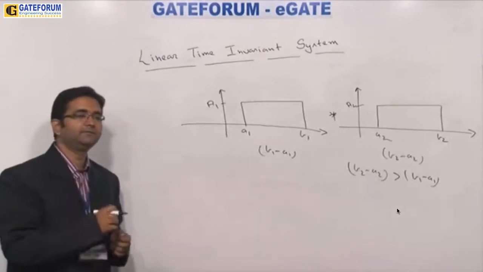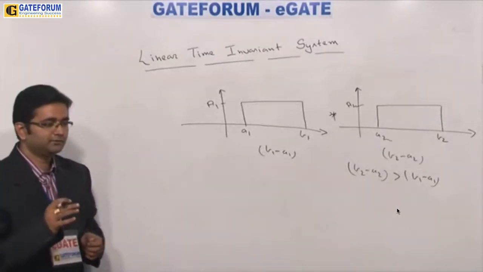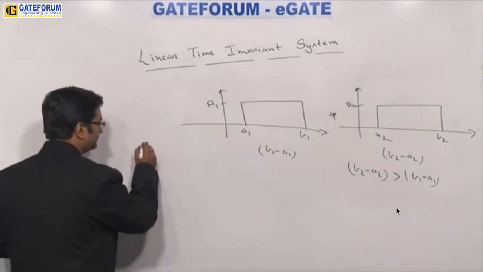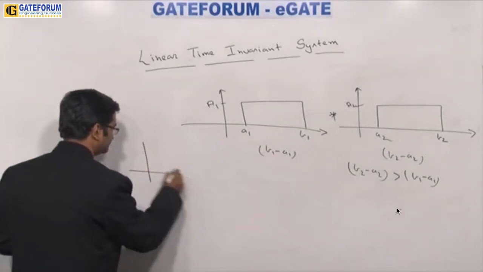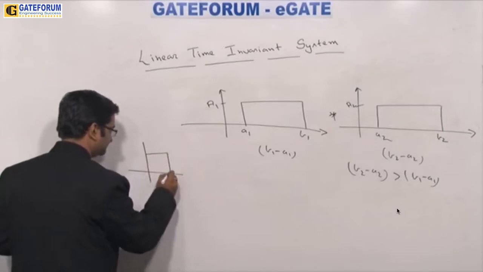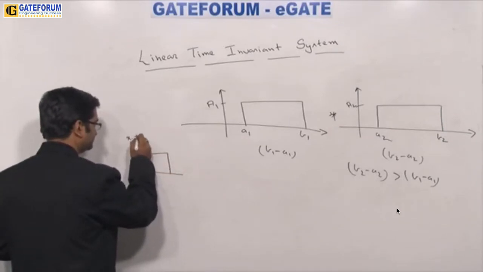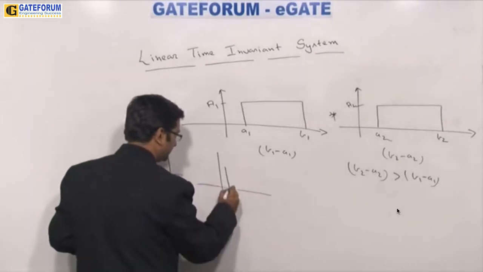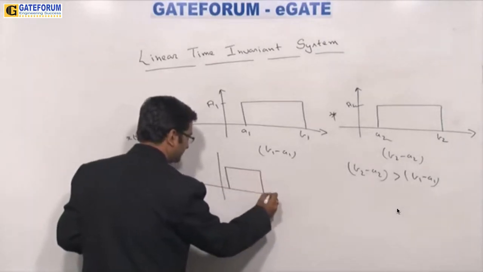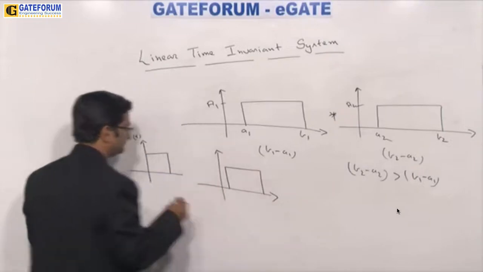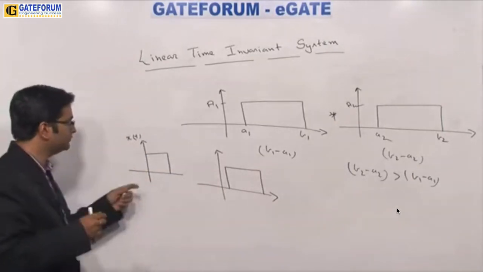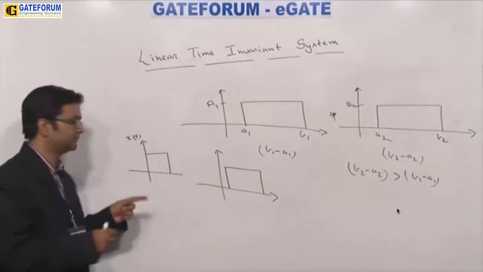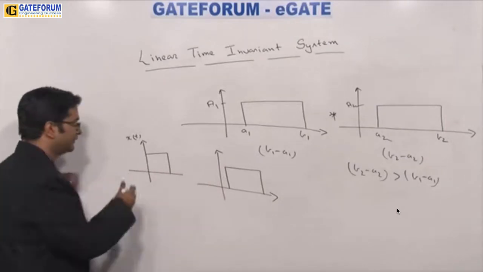Tell me, this input is there, and this is the system response. If I want to send this input into this system, what should go first? This part or this part?